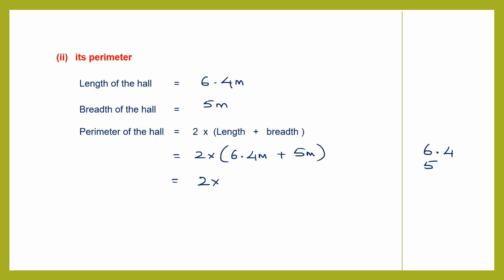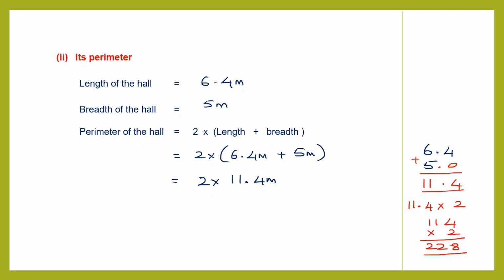If you make it like decimals, it becomes 5.0. And now we can add. 4. 6 plus 5 is 11. That is 11.4. So 2 into 11.4 meters. So let's multiply that. 11.4 into 2. Ignore the point. So 114 into 2. 2 4s are 8, 2 1s are 2, 2 1s are 2.